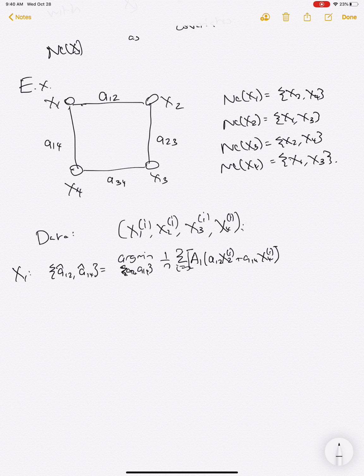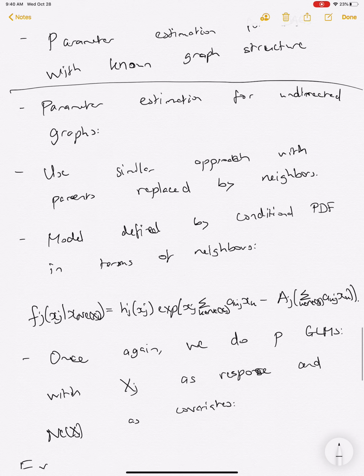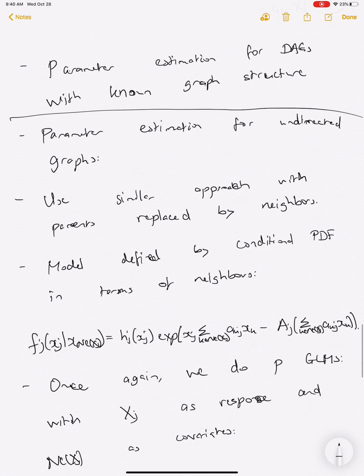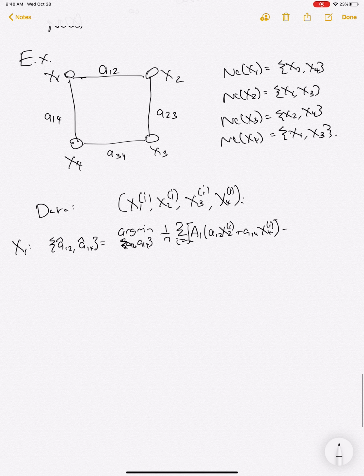And then it's going to be minus, and to be clear, for consistency this should be a2, a3, and a4, which gives you the flexibility to potentially have different GLMs if you want to.